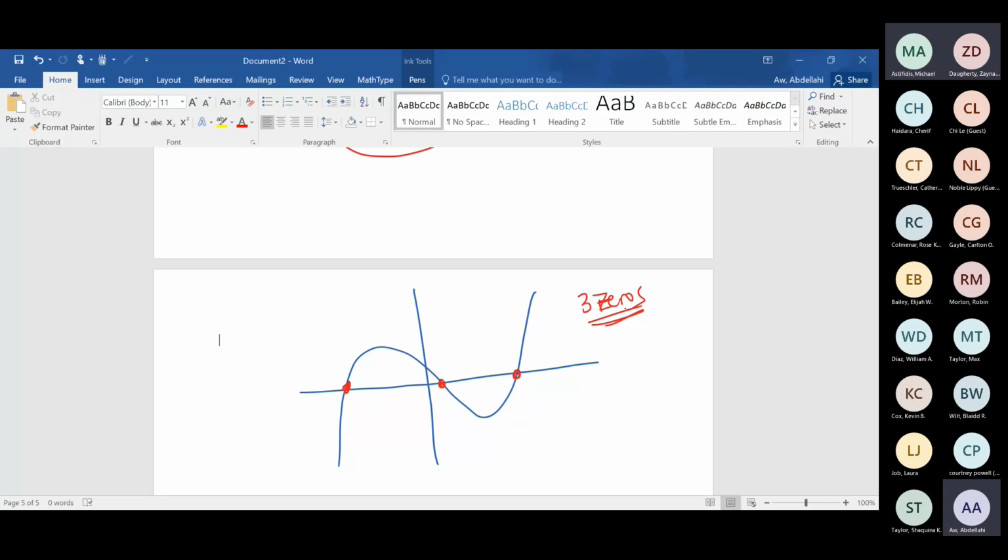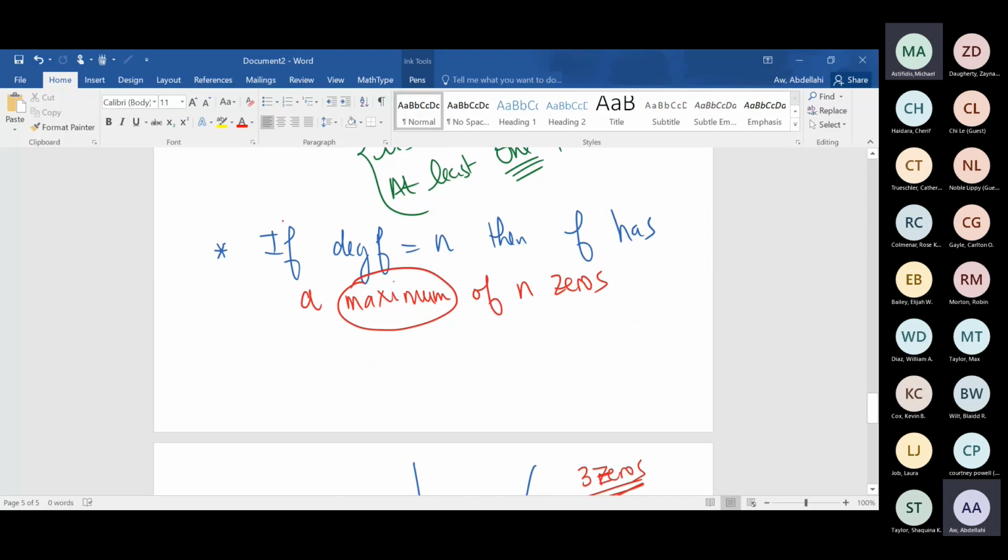I have a question. Yes. How do you know that it's equal or greater than 3? Because there's a theorem right here that says the number of zeros is at the maximum equal to the degree. The number of zeros is less than or equal to the degree. Right?